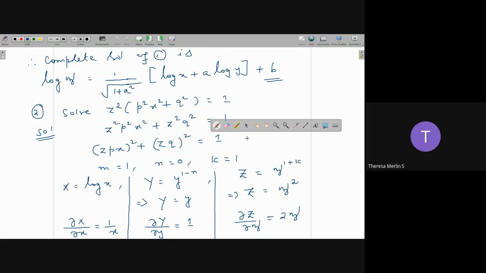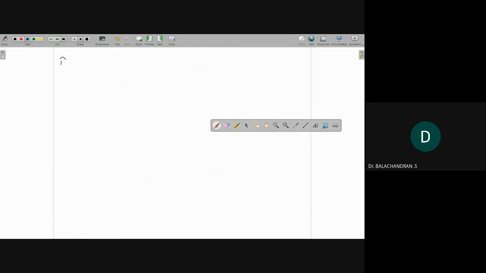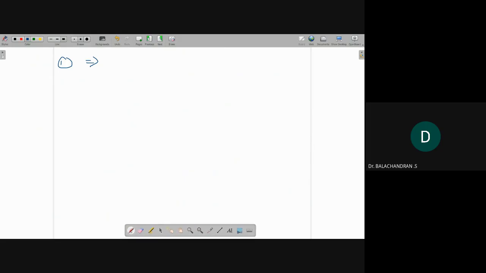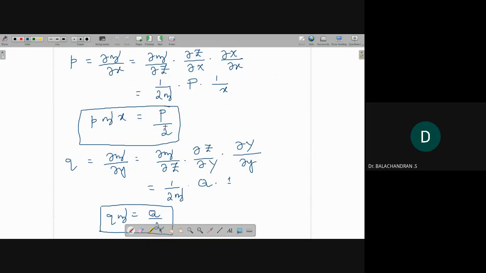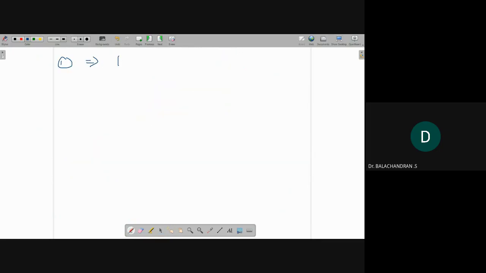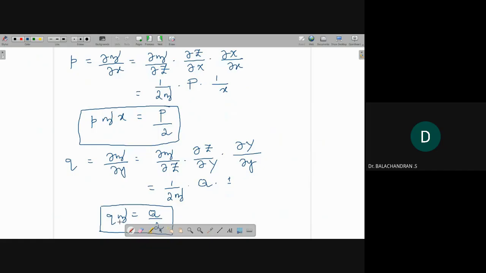I call this equation number 1. So equation 1 implies, instead of 1, what you will get: px is p by 2, so p by 2 whole square, plus q z is q by 2, so q by 2 whole square is equal to 1.